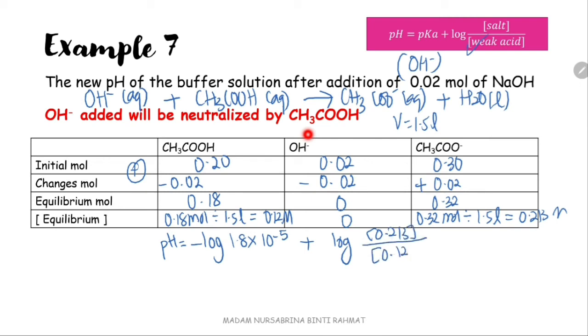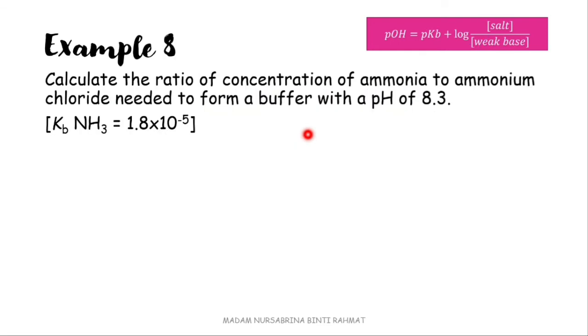The new concentration is 0.12 molar. Okay, so you will get the new pH to be 4.99. Okay, if you compare again with the initial pH, which is 4.93, there is still no very big change in the pH. Okay, so let's try now with a different example.